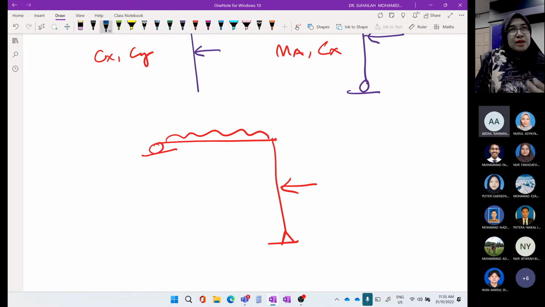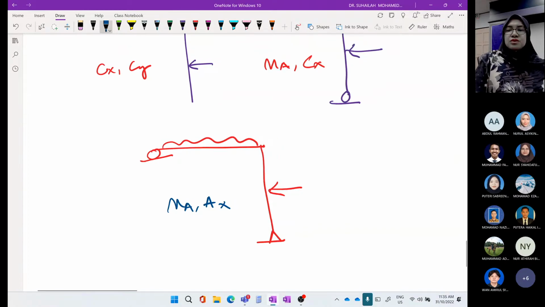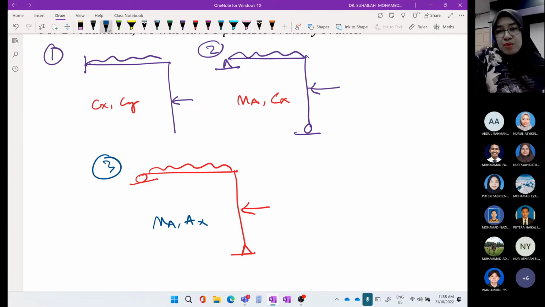The redundant that we remove are MA and AX. So we can choose anyone. We can choose any option that we want. Okay. But normally in examination, redundant will be given. So you just need to follow redundant that have been given in the question. Okay.